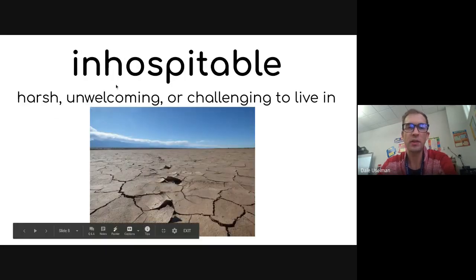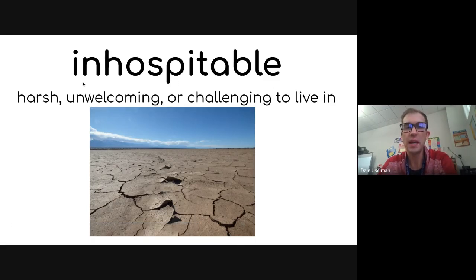And our last word, oh, this is such a good word. Try using this one at home this week. Inhospitable. Say that word, inhospitable. Great. So this word comes from the word hospitality. Okay. Hospitality means very welcoming. If you are showing hospitality or if you are very hospitable, it means you're very welcoming.